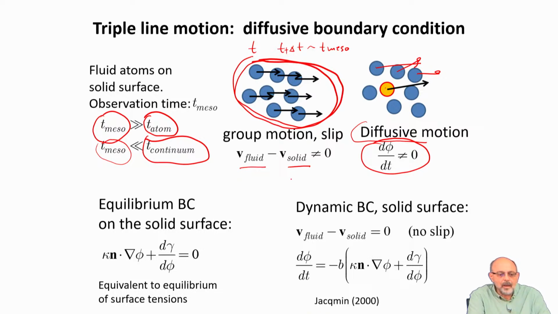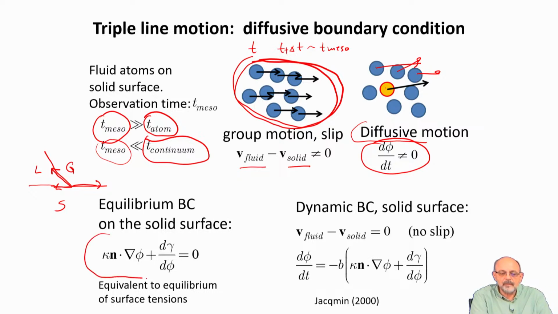So if I were to write the equilibrium of liquid, gas, solid, that is the equilibrium of surface forces, right, surface tensions. And if I were to write a phase field equivalent of that, it would look like this, right?